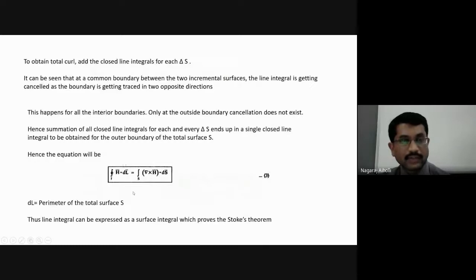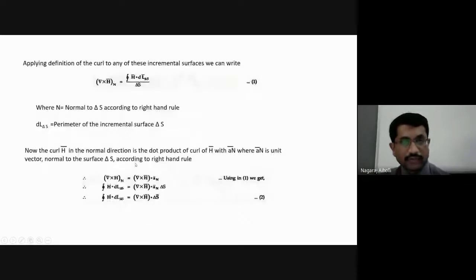Accordingly, we have got the equation of the Stokes theorem as the line integral of H bar dot dl bar is equal to the surface integral of curl of H bar dot ds bar. So remember this equation and the proof.